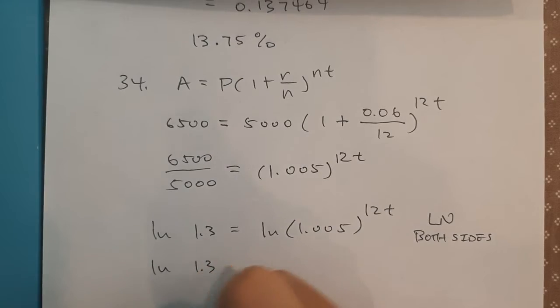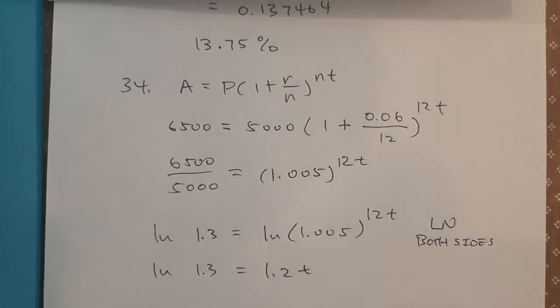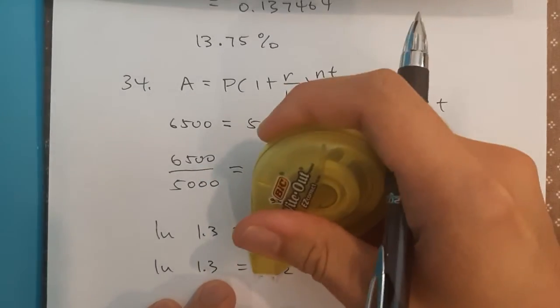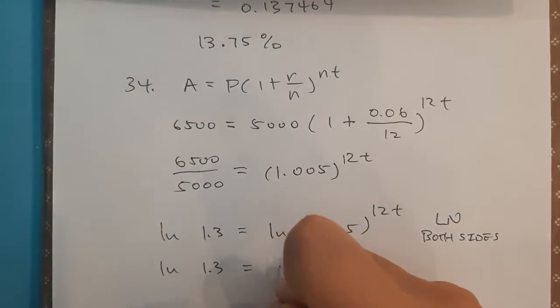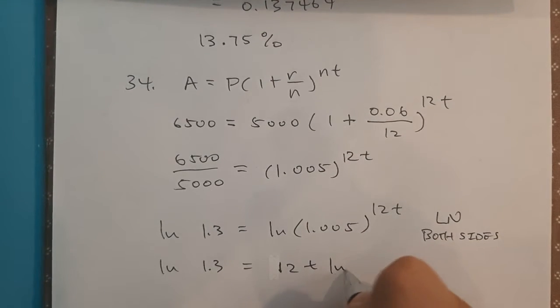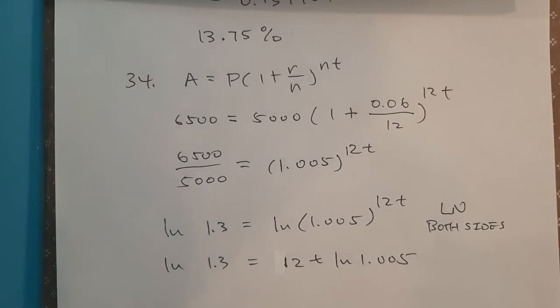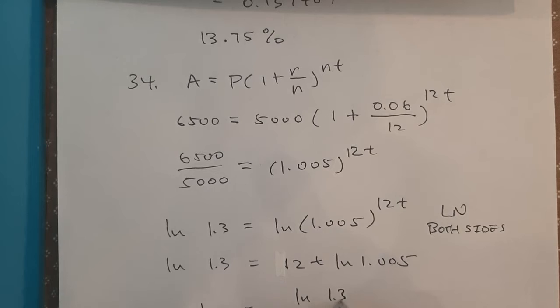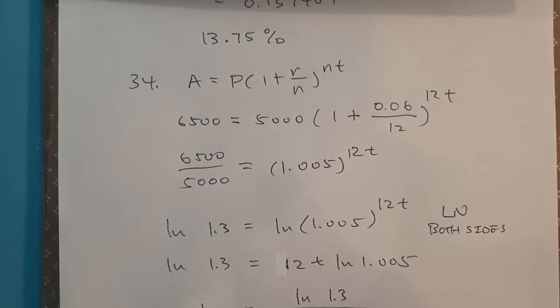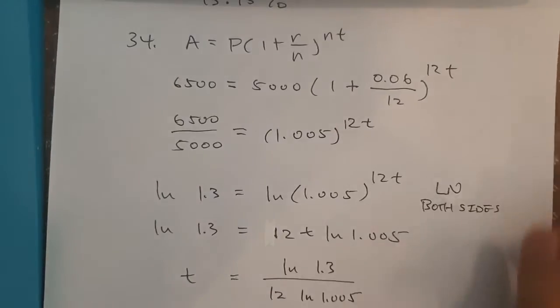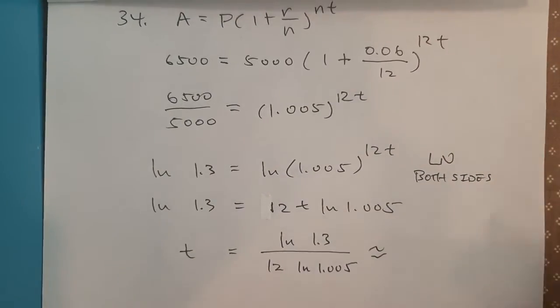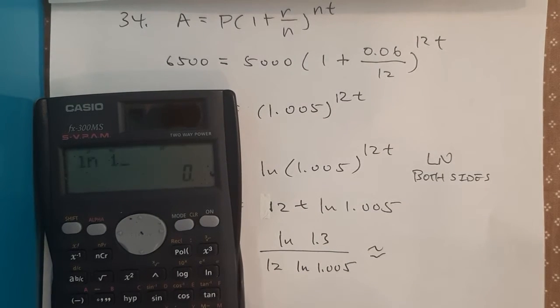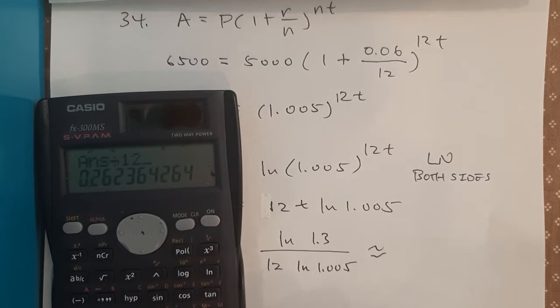So we have ln 1.3 equals 12t times ln 1.005. So t is going to be ln 1.3 divided by 12 ln 1.005. Then you can get an approximate, and we got 4.38.